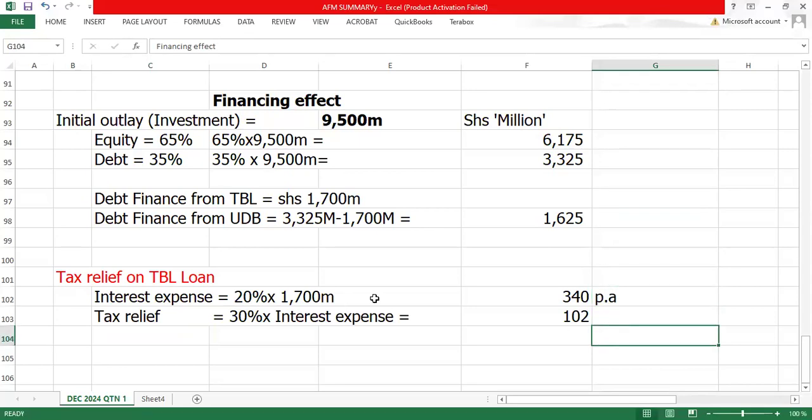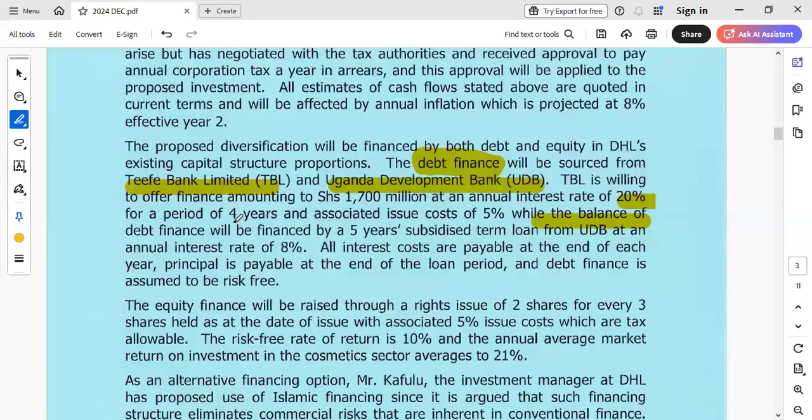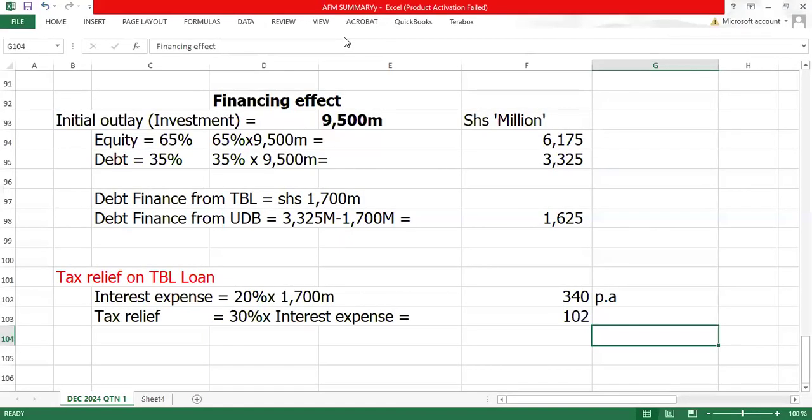But remember, from our question, we saw that you claim interest. First of all, this loan was for how many years? This loan was for 4 years. So you're going to pay interest for 4 years.